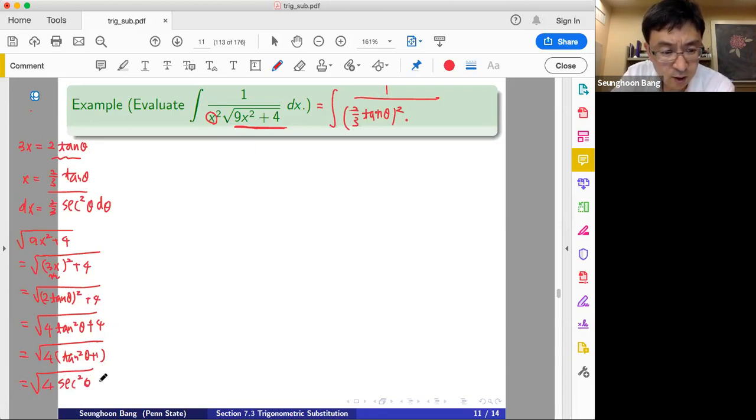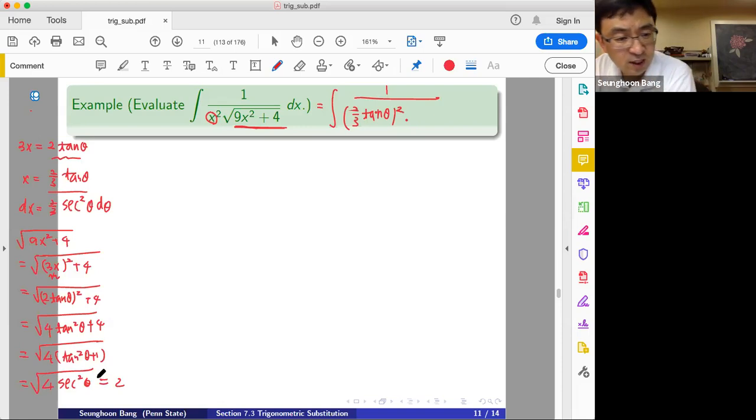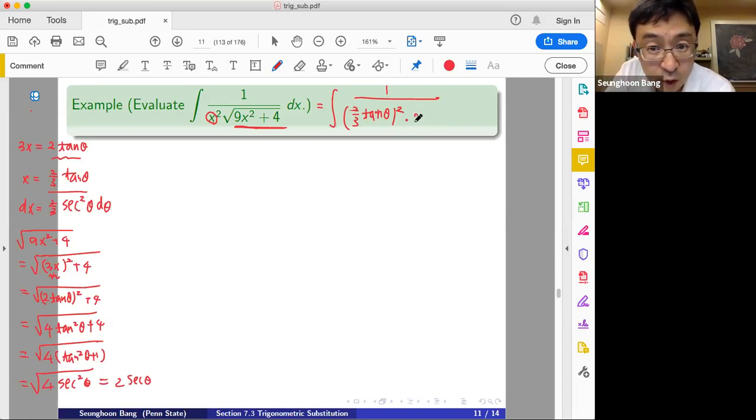You're right. So the square root of 4 is only 2, and the square root of secant squared is secant theta. So we have here 2 times secant theta times dx, which is 2/3 secant squared theta d theta.